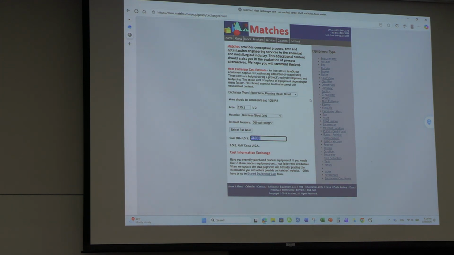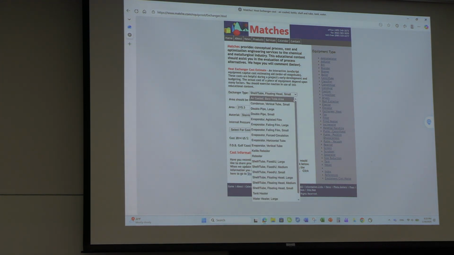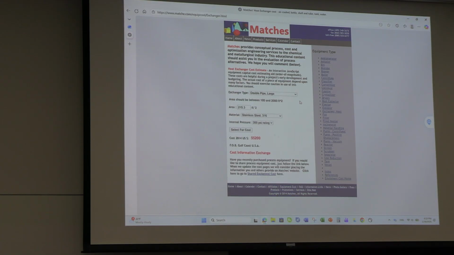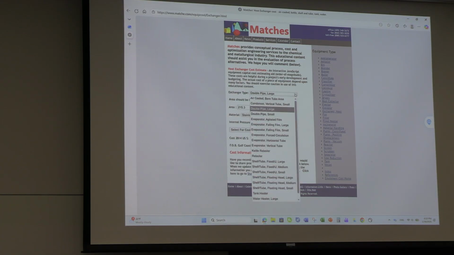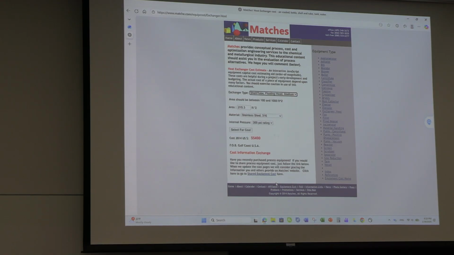Maybe this is a medium size or something. Shell and tube floating head medium. Yeah! I got it. Shell and tube floating head medium size. That's the same as the notes.